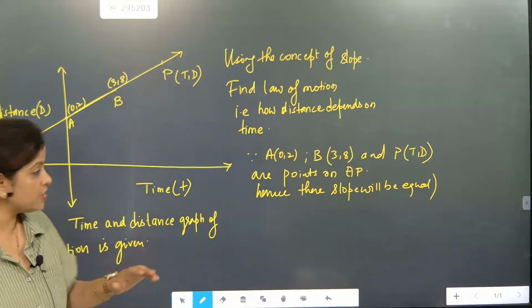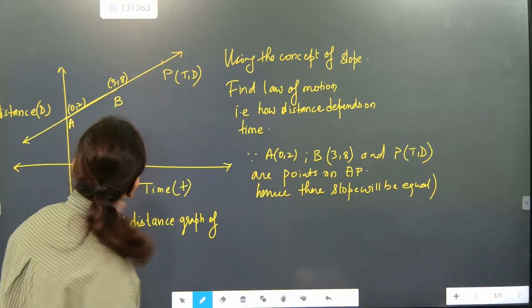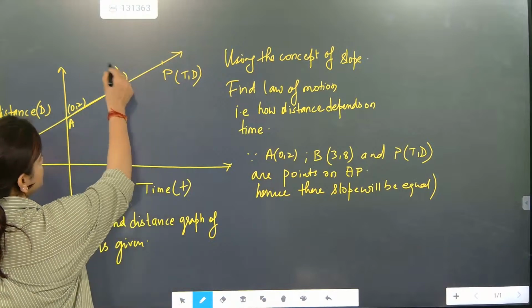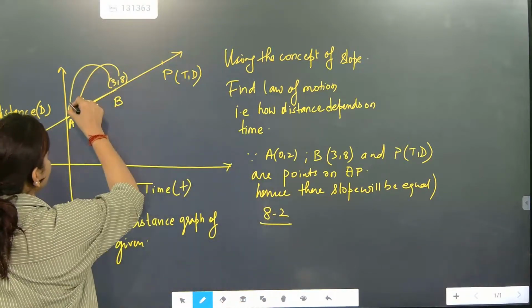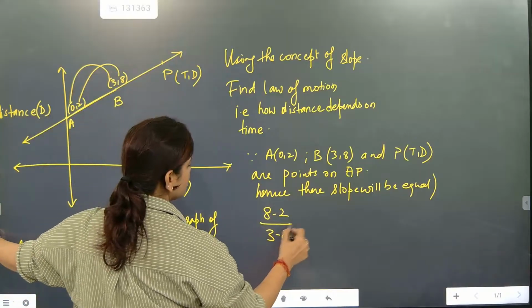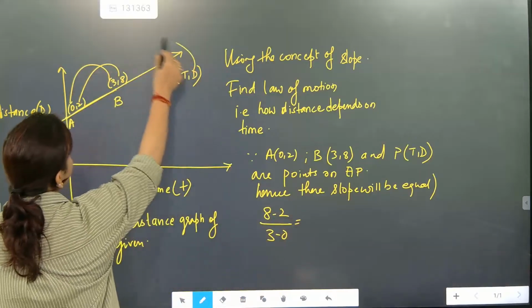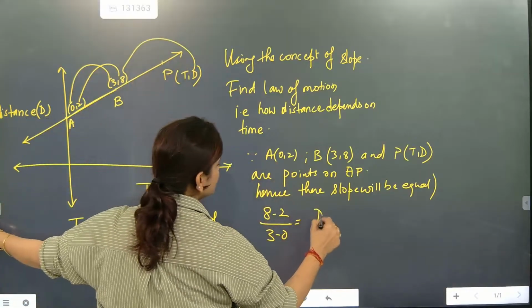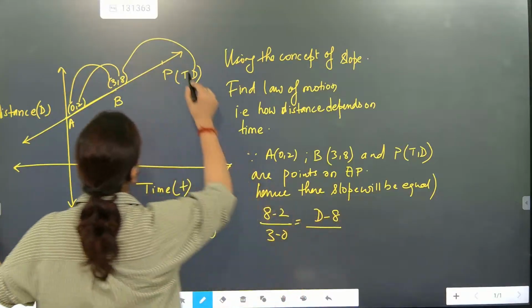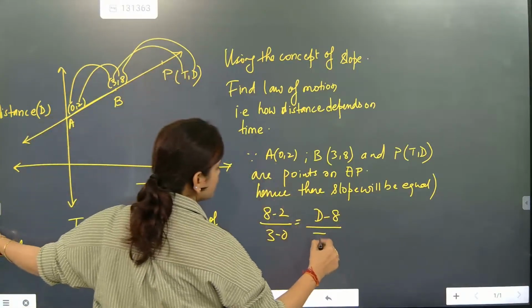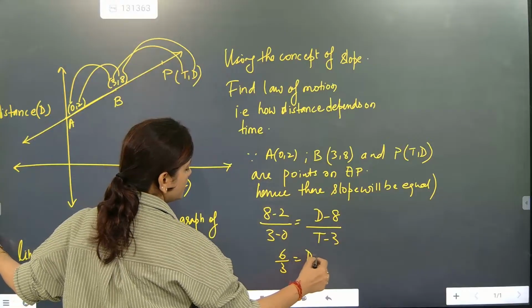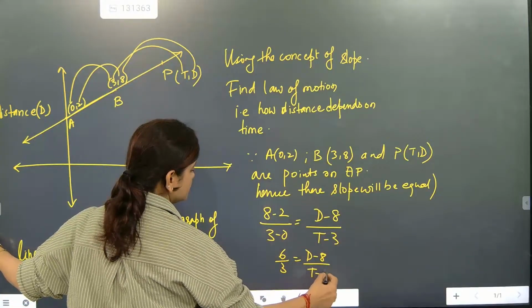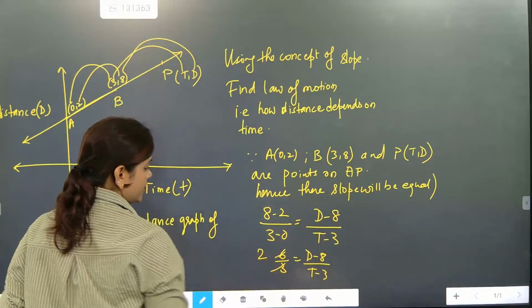Once the slopes are equal, we write: slope is (8 minus 2) by (3 minus 0) equal to (d minus 8) by (t minus 3). So 6 by 3 is equal to (d minus 8) by (t minus 3), and it is coming as 2.